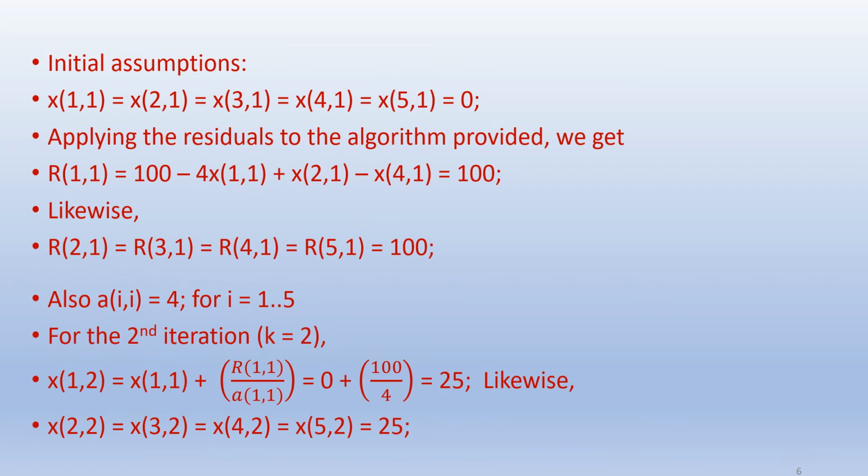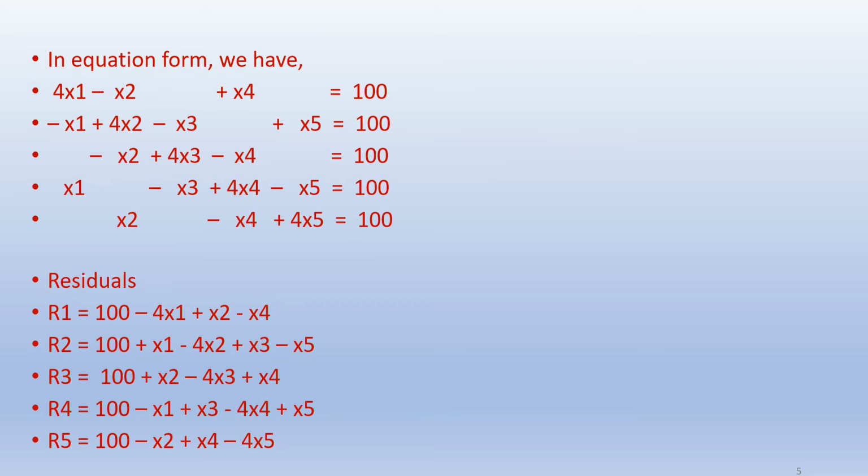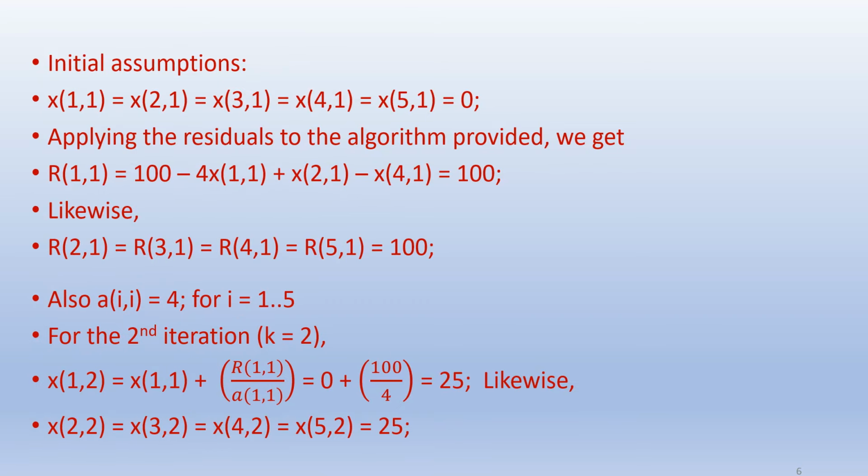Let's assume the initial values for x1, x2 and x3 as 0. So we can calculate the residuals using the previous equations given, since we know x1, x2, x3 and so on. So we calculate r1, 1 to be 100. Likewise, r2, 1 equals r3, 1 equals r4, 1 equals r5, 1 equals 100.